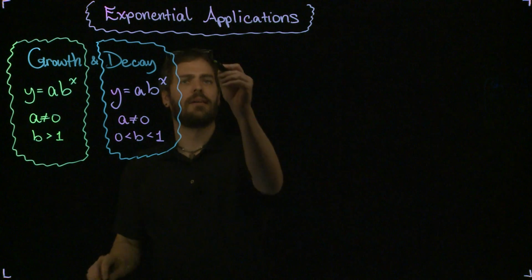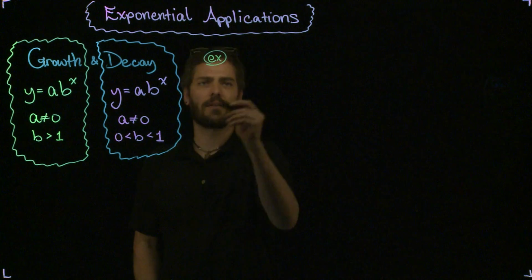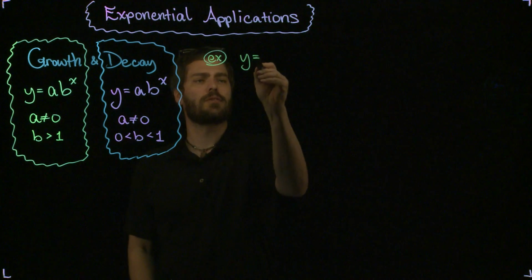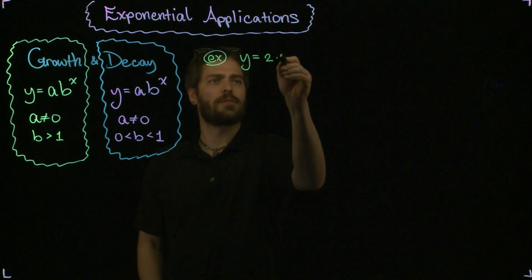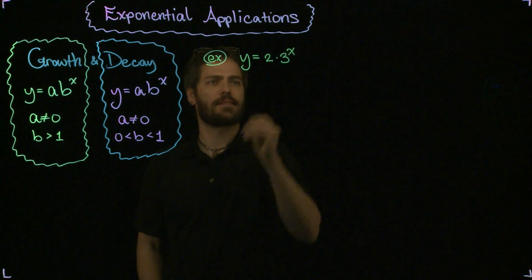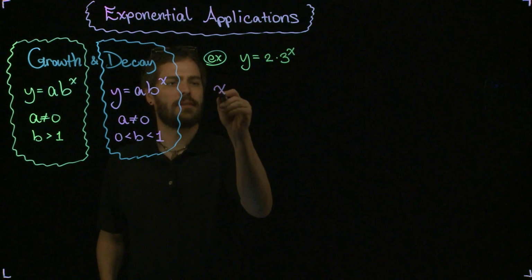Let me just put a growth example up here. How about y is equal to, let's try 2 times 3 to the x and see what that looks like. Let's make a little table.